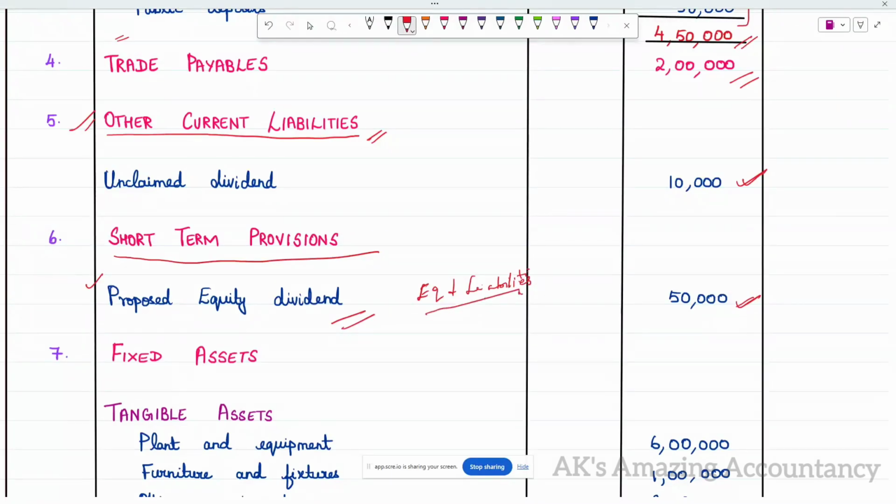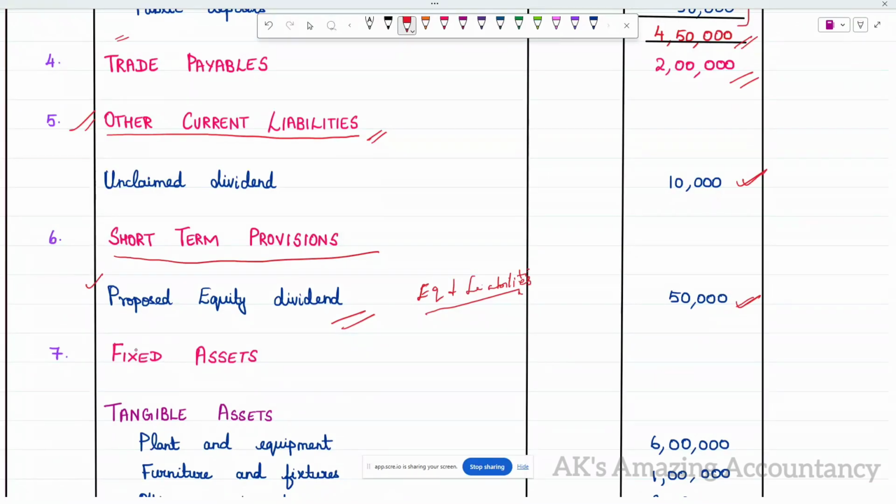As you all will know, in the statement form of a balance sheet, you will have two main headings, equity and liabilities, and then assets. The total of equity and liabilities should be the same as the total of the assets. Then only you will say that the balance sheet is correct.